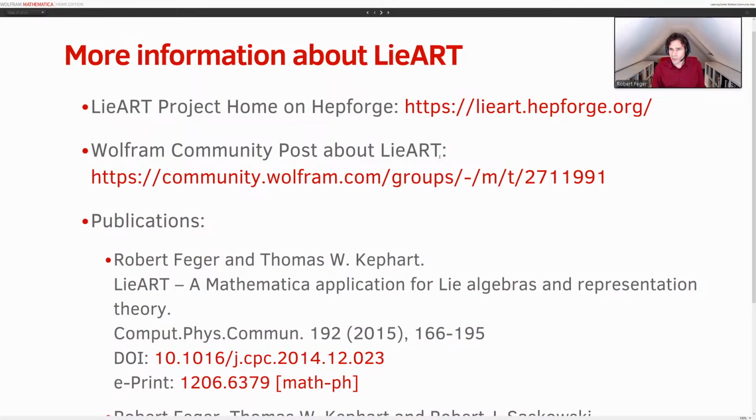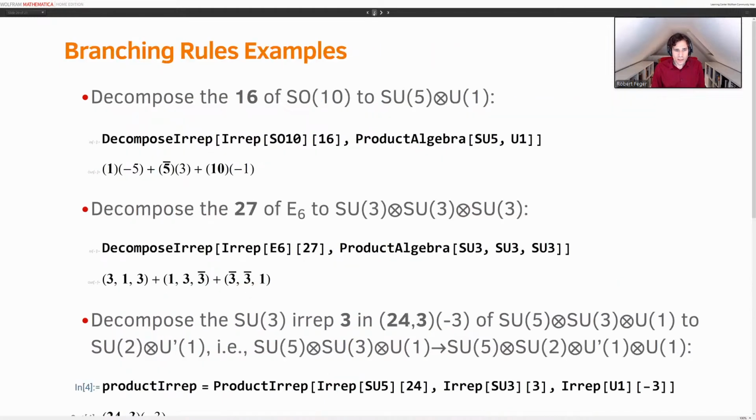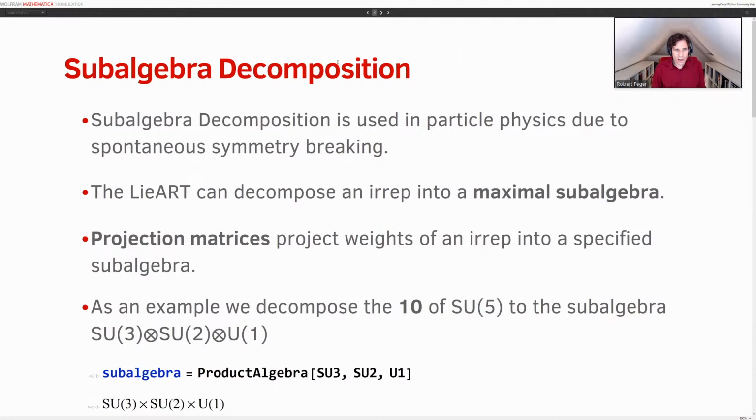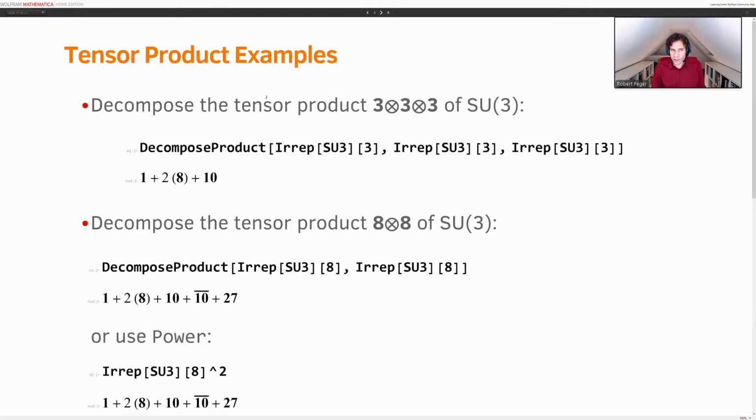Well, you have seen the output. Most of you, if you're using LieART, will probably use the tensor product decomposition and the subalgebra decomposition.